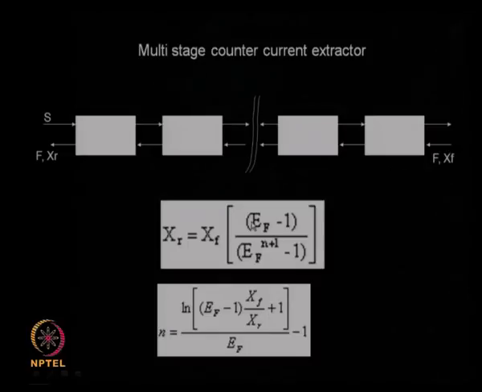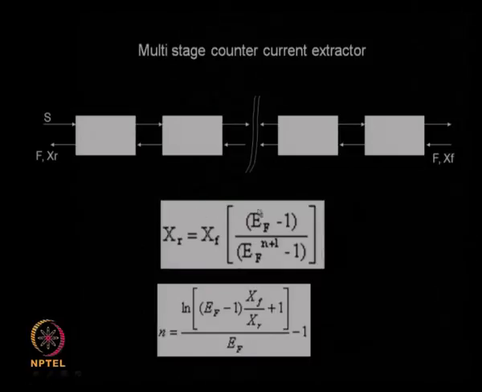EF is nothing but SK divided by F, where S is the amount of solvent you take and F is the amount of broth or the aqueous or the heavies you take. So there will be a massive decrease in the concentration from XF to XR because of this particular term, (EF minus 1) divided by (EF^(N+1) minus 1).